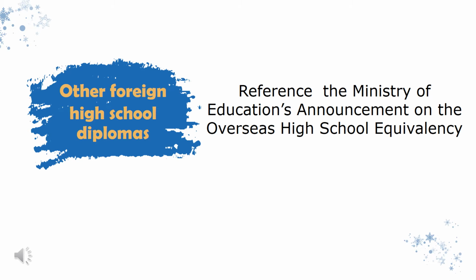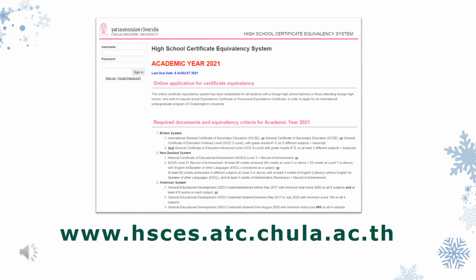As for other high school diplomas, the applicants must refer to the Ministry of Education's announcement on the overseas high school equivalency. This link will take the applicants to the CU HSCES, High School Certificate Equivalency System website.